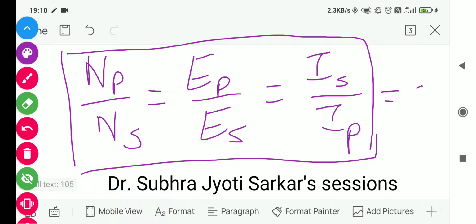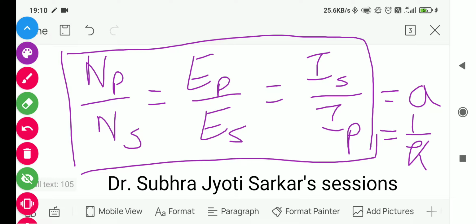This is basically the turns ratio A, or the inverse of the transformation ratio 1 by K. So that is how the transformer is going to operate. If I am applying some load, correspondingly there is increased current in the primary side to compensate for that. Why is it happening? Due to this principle I had told, it is going to happen.